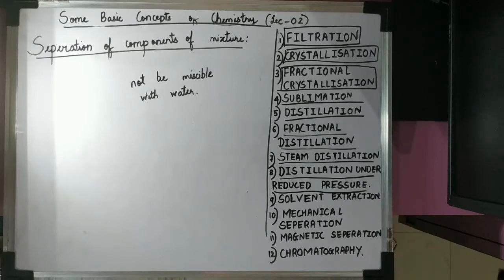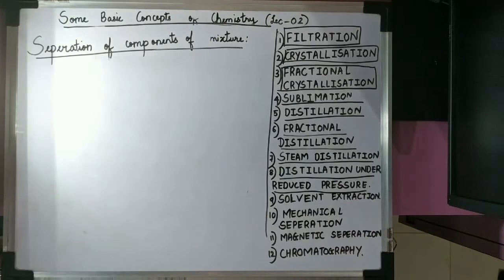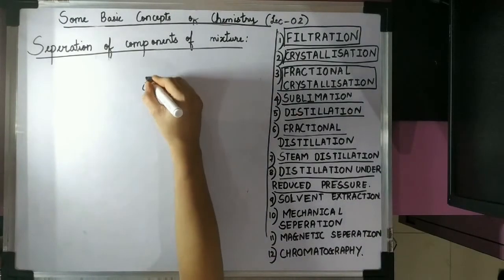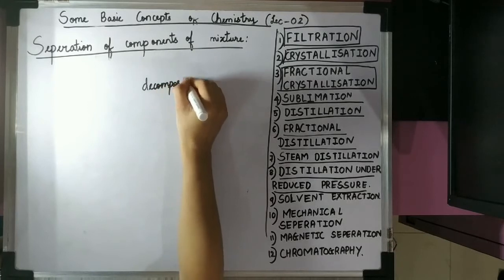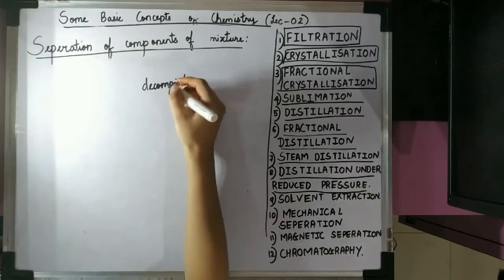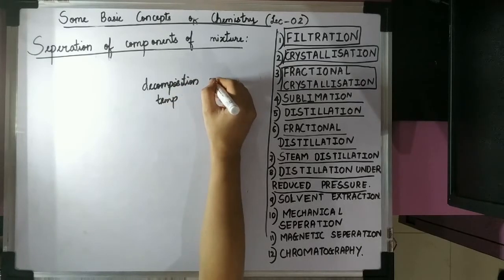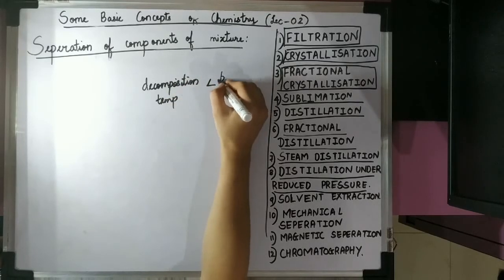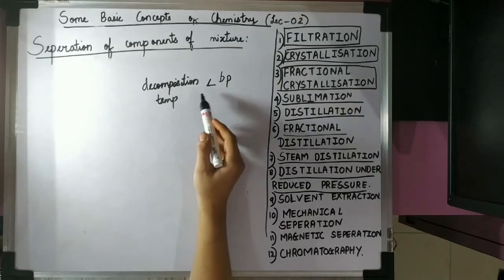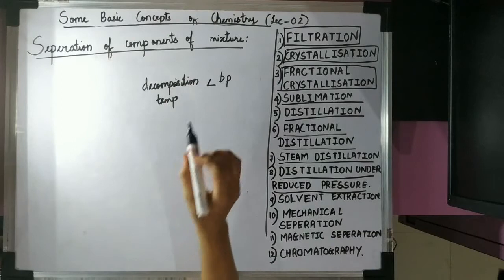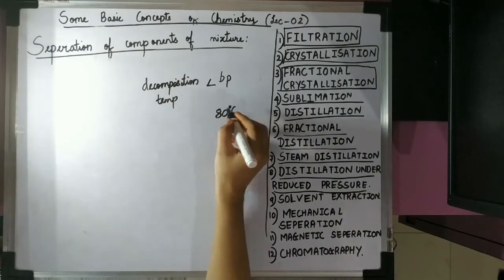This condition is used for substances whose decomposition temperature is less than their boiling point. I will give you an example. Let's say the boiling point is 80 degrees Celsius and its decomposition temperature is 60 degrees Celsius.